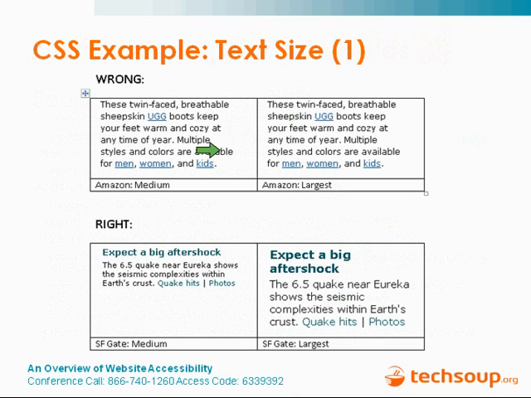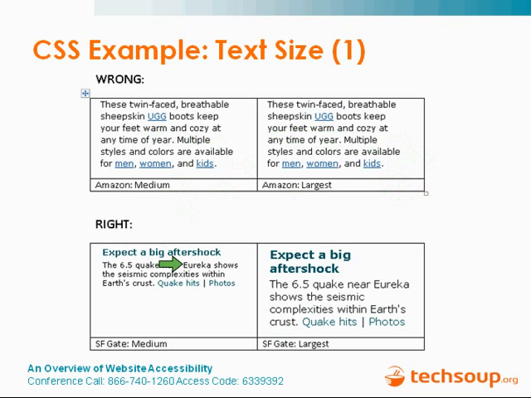Now the first example, which is wrong, was something I found on the Amazon.com website. The example on the left was where the user had set up the text size to be medium, which is the default text size. Then they ask for the text size to be changed to largest, and notice that the text size does not change. It stays the same.